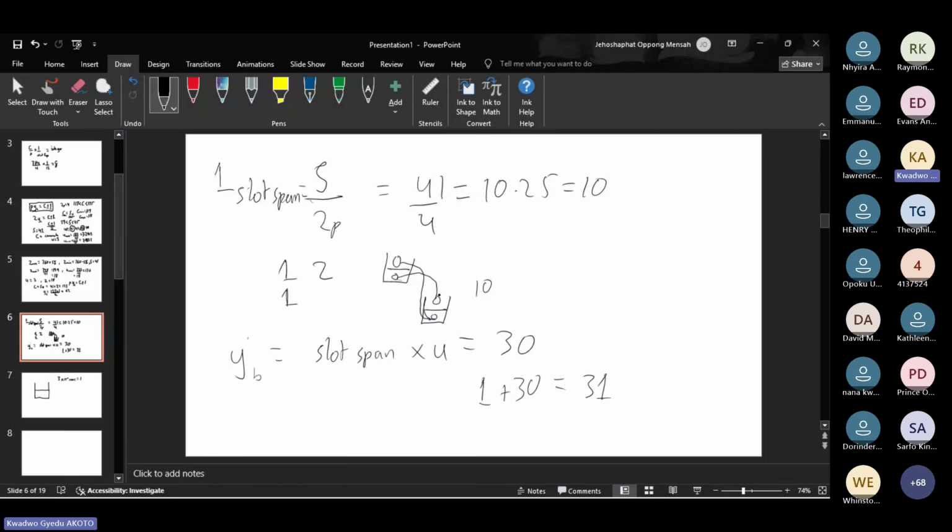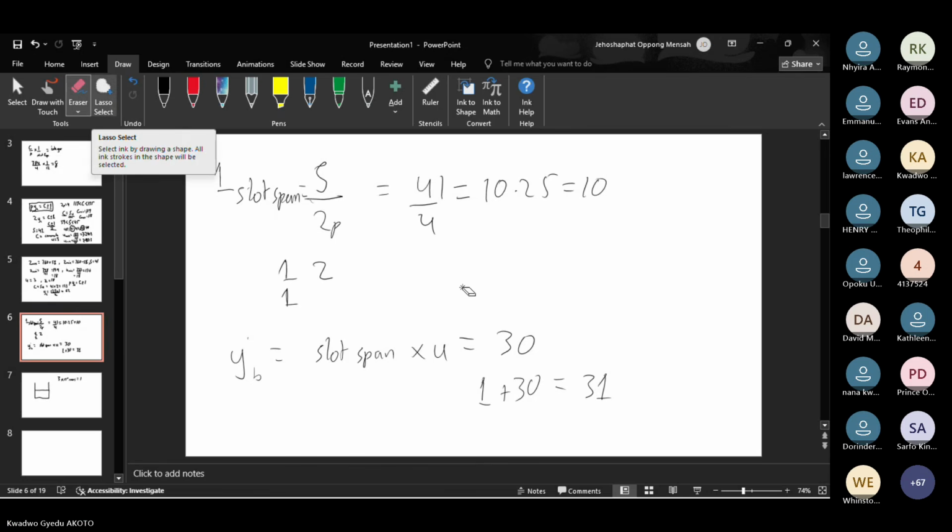Our question is saying, for our top conductor 1, where will its bottom conductor be, or what will be the number of its bottom conductor? To get that, we need to know our coil pitch, which is the distance from the top conductor of one coil to its bottom conductor.